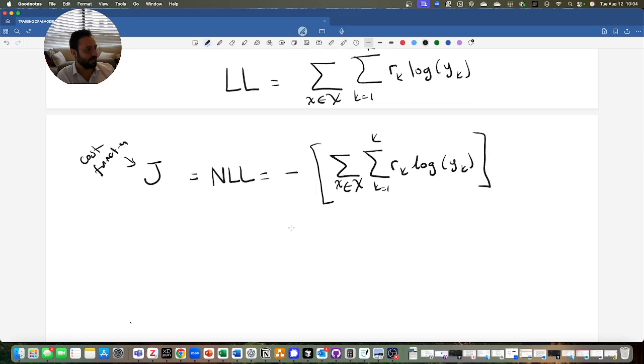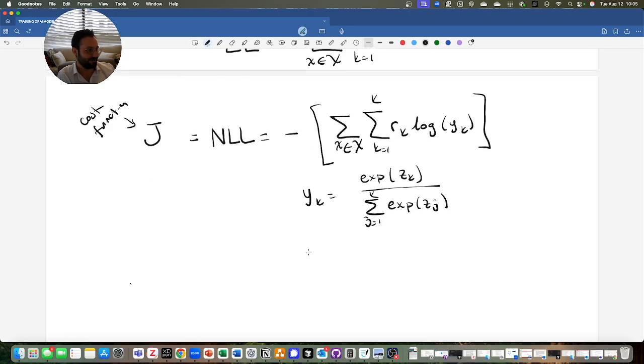Let's go ahead and also write what was what. This looks like it includes the x, but there's no x here. Let me complete what my y of k is. My y of k is exponential of z of k divided by the sum over all of the j in 1 to K of exponential of z of j.